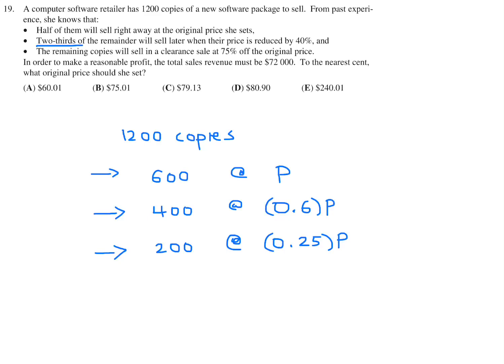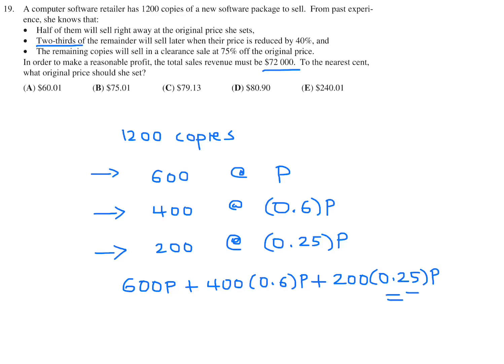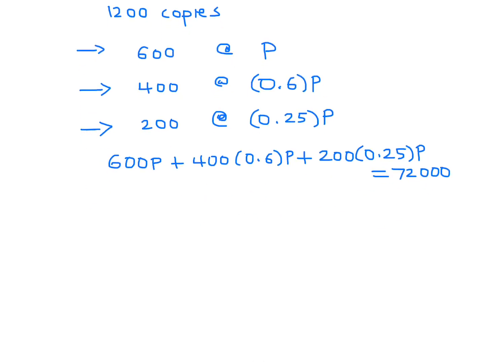All right, and then we want the total to be $72,000, so that means 600 times P plus 400 times 0.6p plus 200 times 0.25p is equal to $72,000, like that. And therefore we got 600p plus 240p plus 50p, like that, is equal to 72,000.